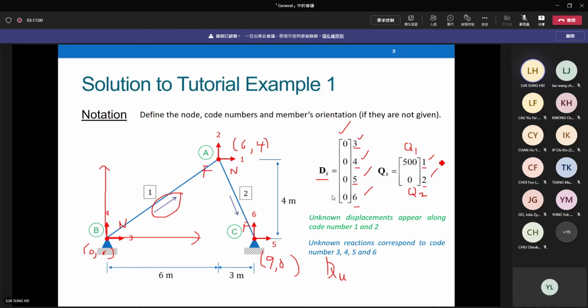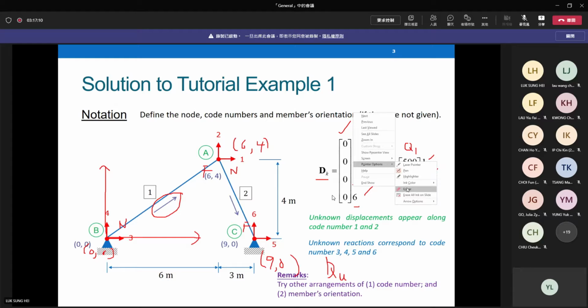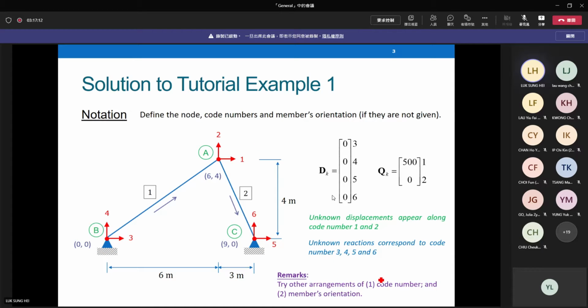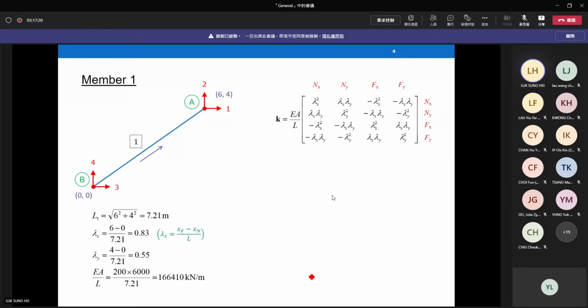The next step: find K1 and K2. I will show you later what happens if we change the member orientation and the code number. Firstly, find the member stiffness matrix using the same equations.